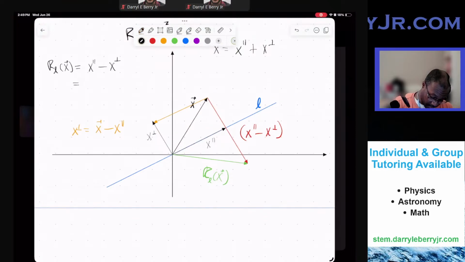So that equals X parallel minus X minus X parallel, which equals 2X parallel minus X. All right, clear enough?